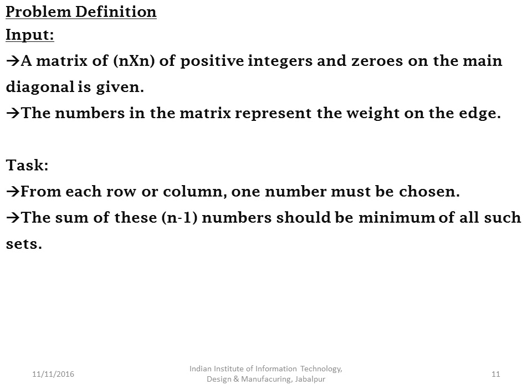So the problem definition created by Boruvka includes as input a matrix of n cross n of positive integers, with zeros on the main diagonal. The number in the matrix represents the weight on the edge, and the task is that from each row or column one number must be chosen. The sum of these n minus 1 numbers should be minimum of all such sets.